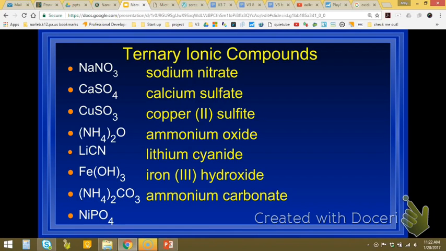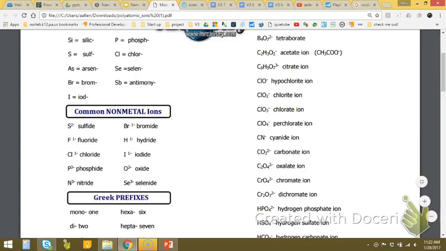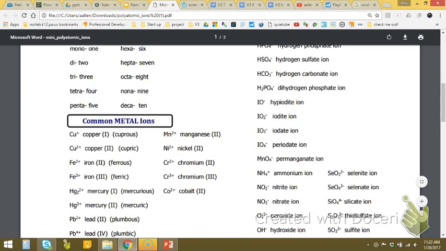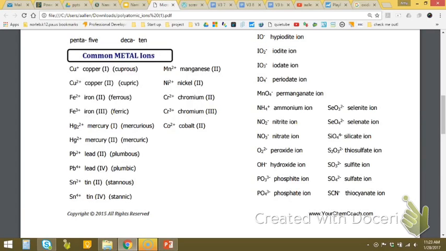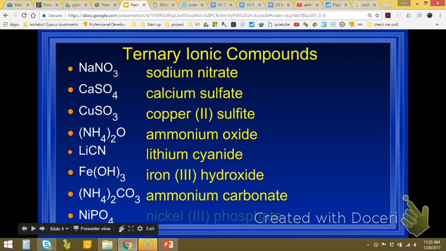We are combining nickel with PO4. PO4 is phosphate. They're -3. So if we look over here, how many nickels do we need to balance out with a -3? We need 3 nickels to balance out with the -3. So it's nickel 3 phosphate.